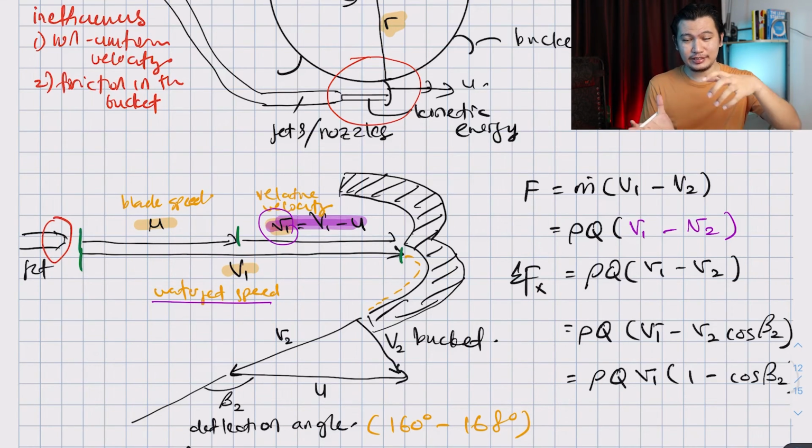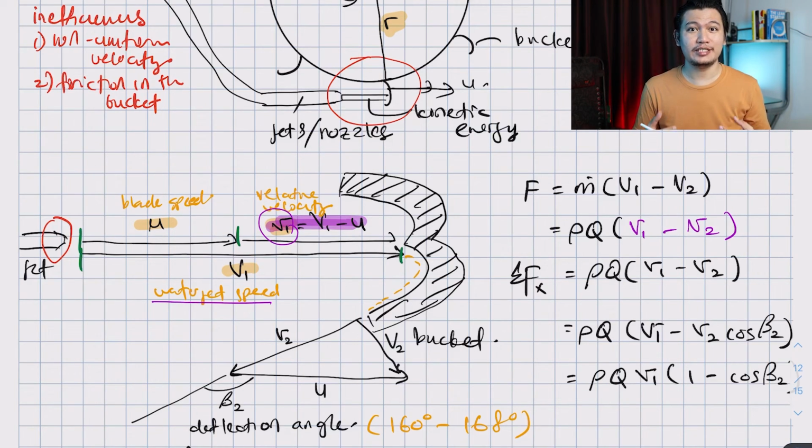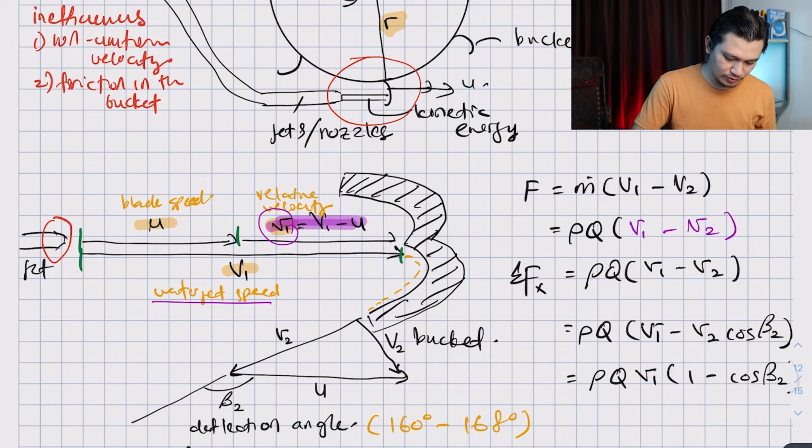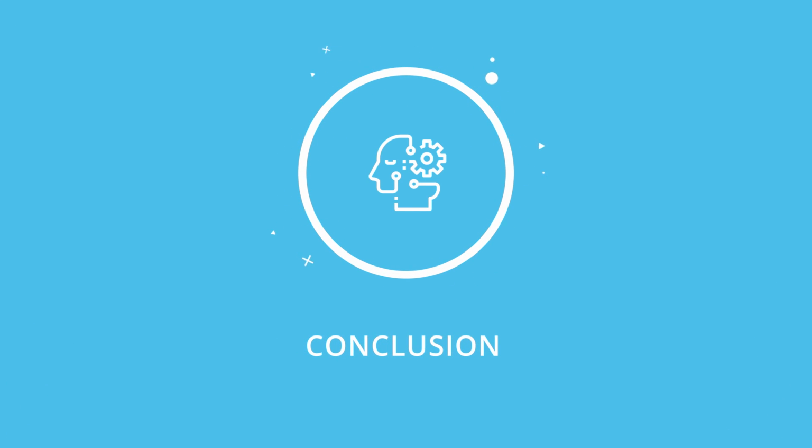Because inside the jet, you have the water and you have the converging section, right? To increase the velocity because you want the maximum kinetic energy. But in doing so, there might be some losses inside that nozzle. So this could be losses in the nozzle. Those three are the main sources of inefficiency. Of course, there are many other sources of inefficiency, but those are just examples for you.